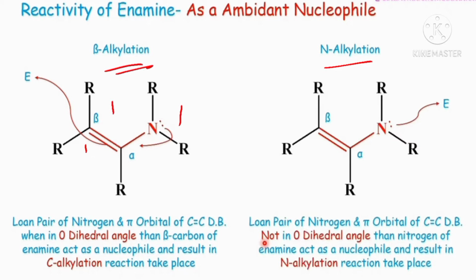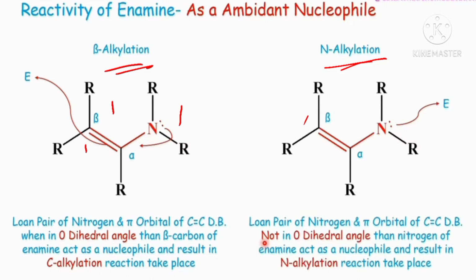And here N alkylation, the lone pair of nitrogen and beta carbon atom, the dihedral angle is not 0. Therefore, here the nitrogen acts as a nucleophile, and N alkylation reaction takes place.